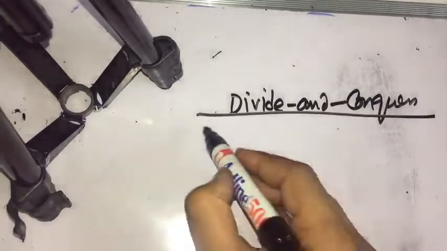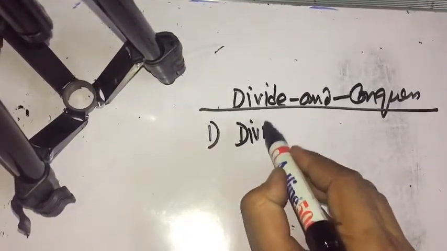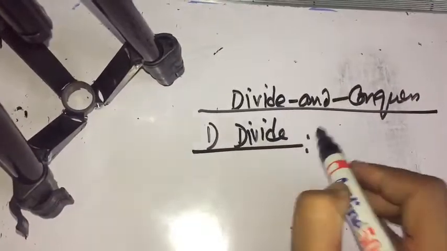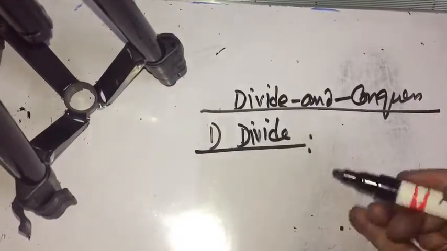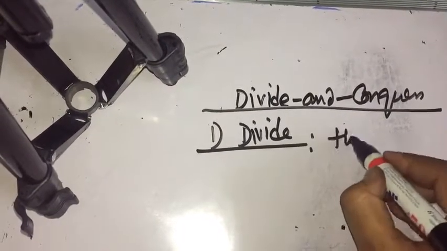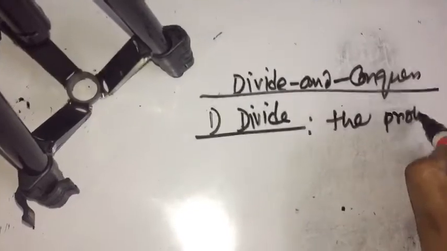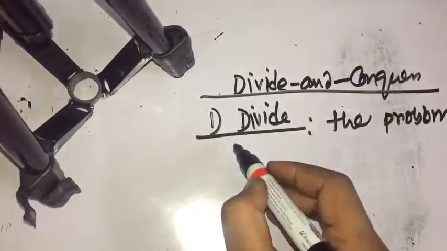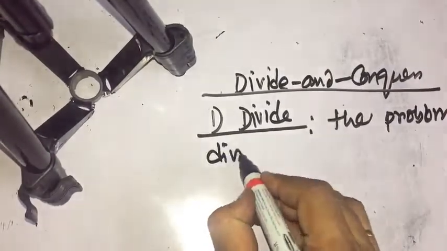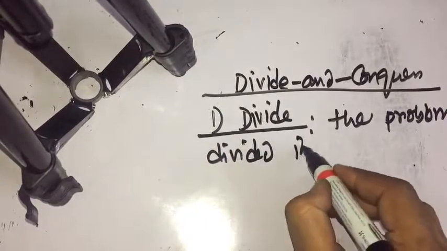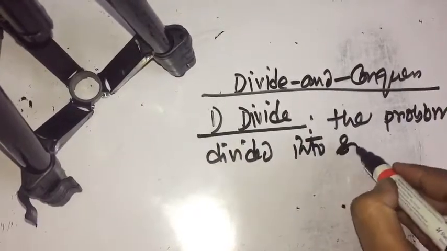So this is the three-step process. First of all is divide. This step involves dividing the main problem into smaller subproblems. This is the first step.